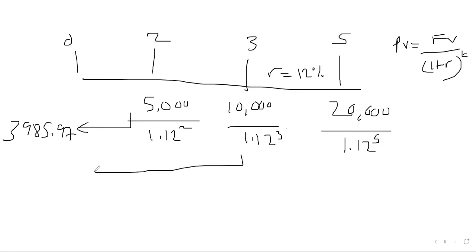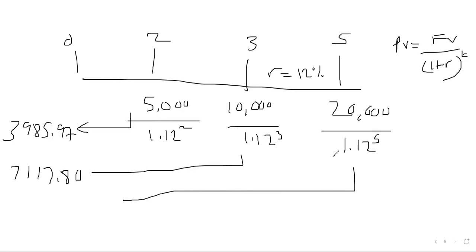This one, the 10,000, divided by 1.12 to the power 3. Instead of 10,000, we get 7,117.80. And finally, this one, 20,000, divided by 1.12 to the power 5.